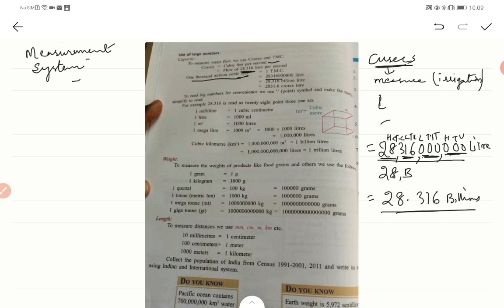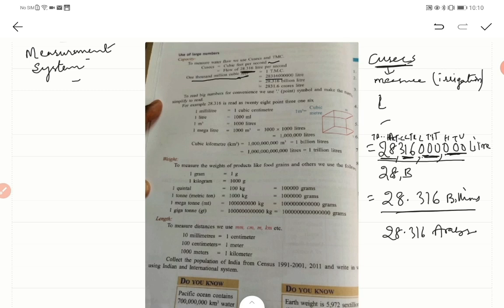And this also, you'll have Arab, 10 Arabs. So normally you'll read it as 28 Arabs, 31 crores, 60 lakhs. So you can write this number to make it easy as 28.316 Arabs.